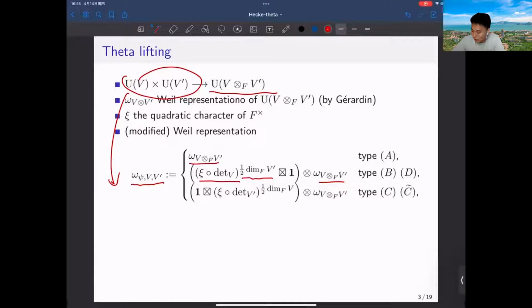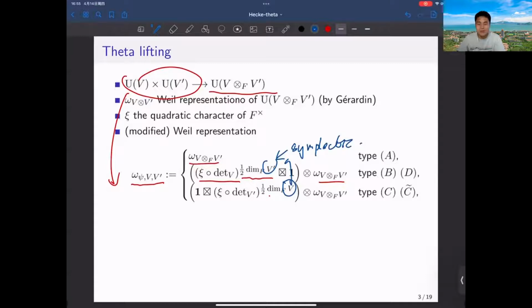Notice that here either V or V prime is always a symplectic space. So these two spaces are always symplectic space. So therefore, half makes sense.